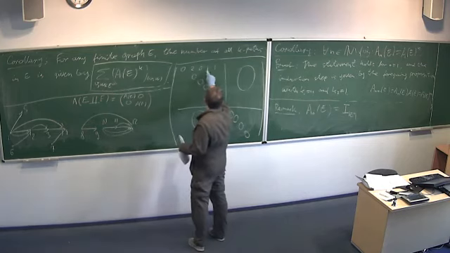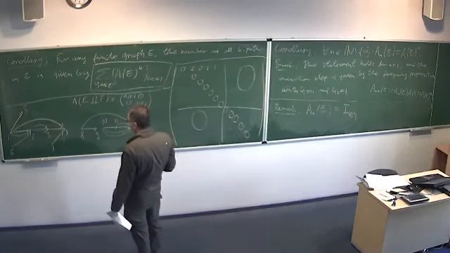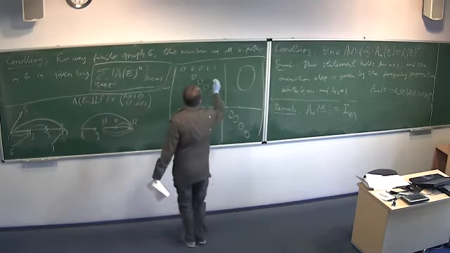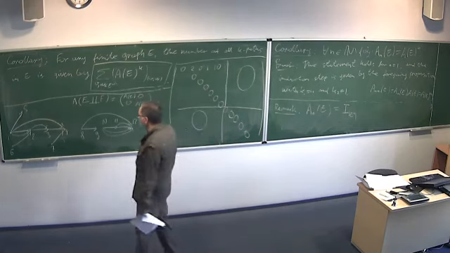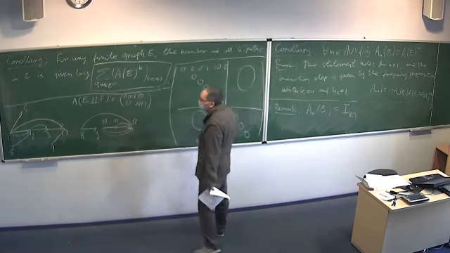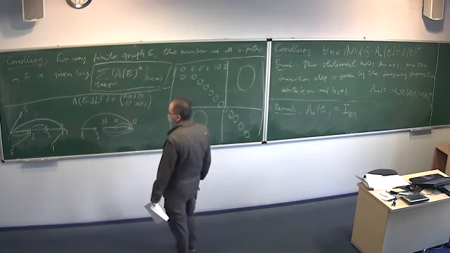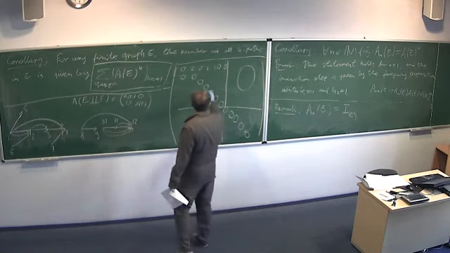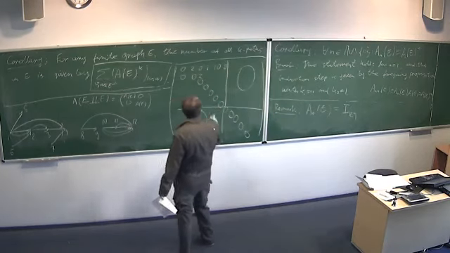1, 2, 3, 4, 5. I still need 2 entries. So from 1 to 6, no. From 1 to 7, no. From 2 to 1, no. From 2 to 2, no. From 2 to 3, 2. From 2 to 4, nothing.